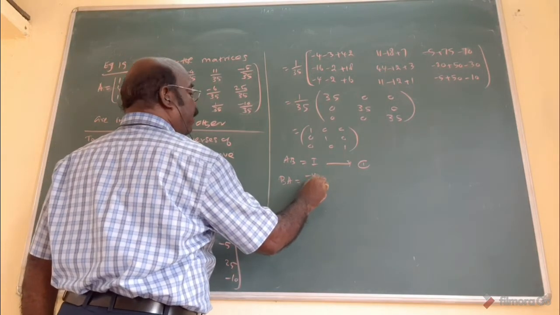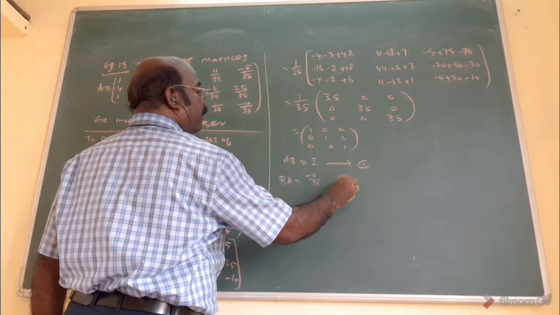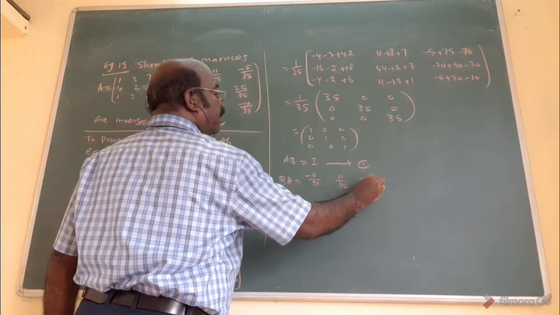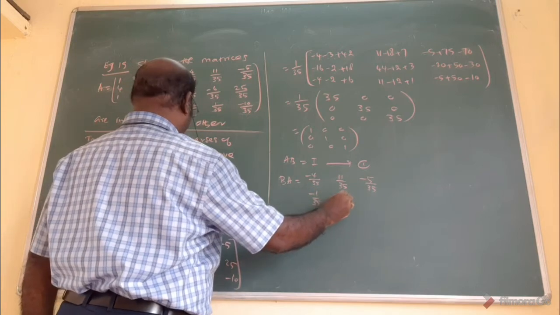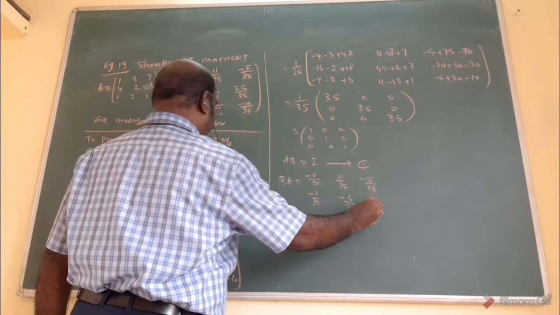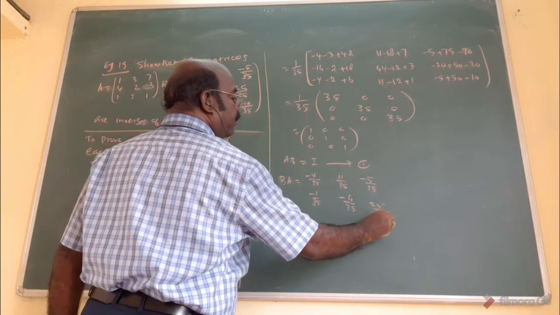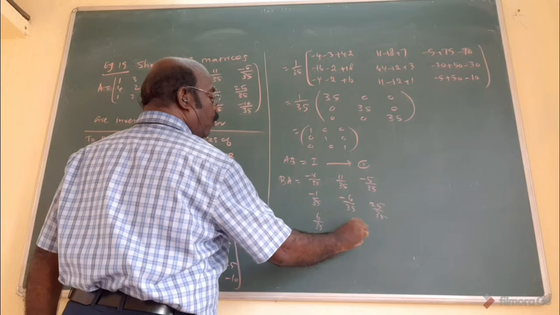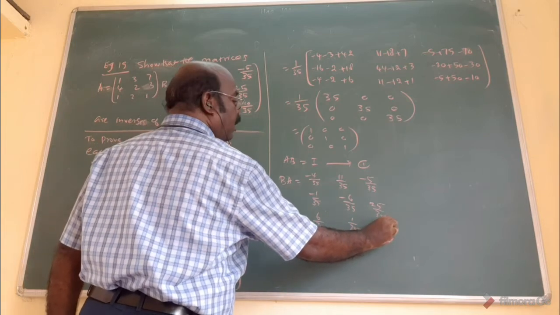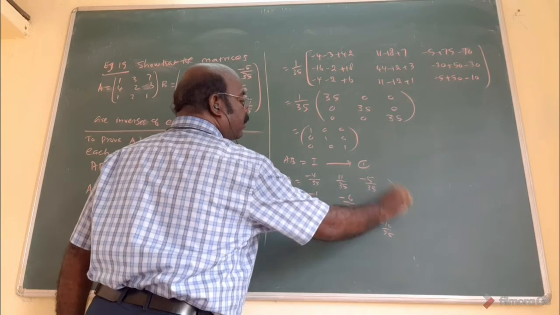Minus 4 by 35, 11 by 35, minus 5 by 35, here, minus 1 by 35, minus 6 by 35, 25 by 35, next side, 6 by 35, 1 by 35, last minus 7 by 35.